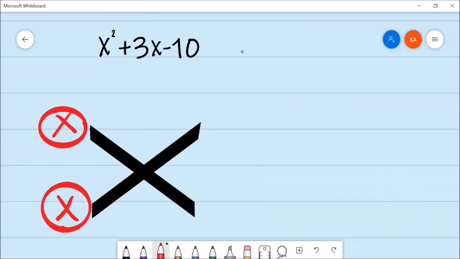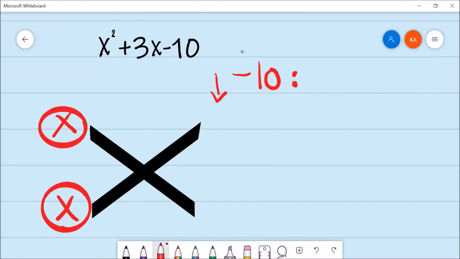And on the other side, we have to write the factors of minus 10. And we must be careful that when we add the product of the opposite factors, we must get plus 3x, which is the midterm of our quadratic equation.